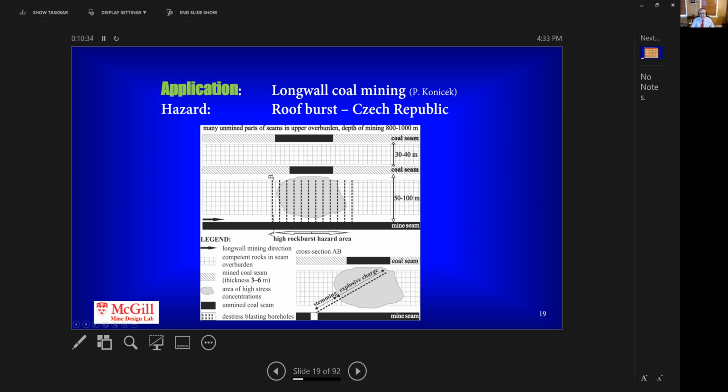So distressing is applied in the roof by routinely blasting rings of distress holes to force it to fracture, thereby reducing the energy stored in the roof. I took this from the work of Peter Konicek, a specialist in this area who has done a lot of work on it. This is not something I will discuss further in the presentation. It's a completely different application.